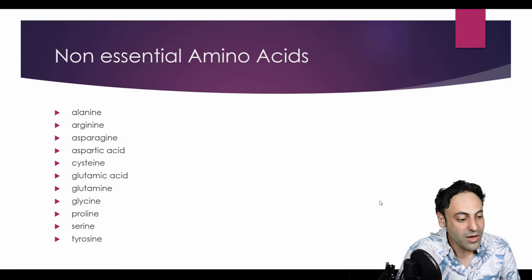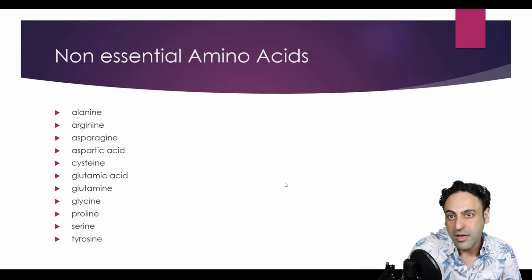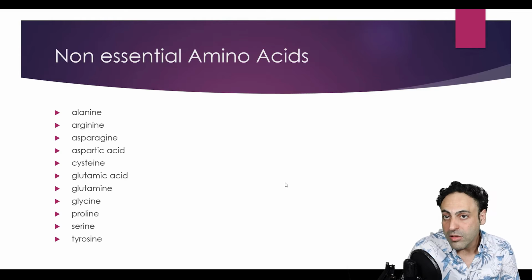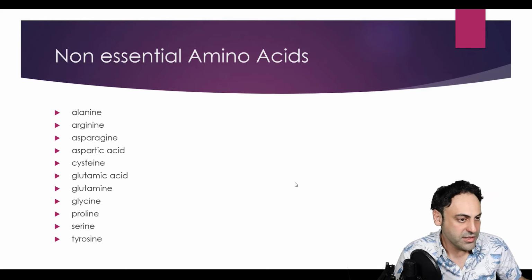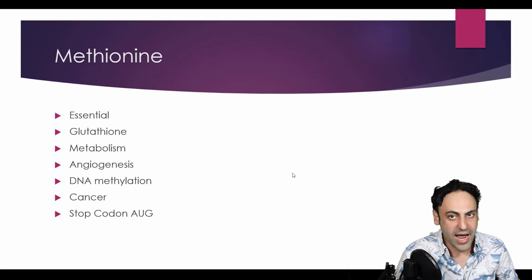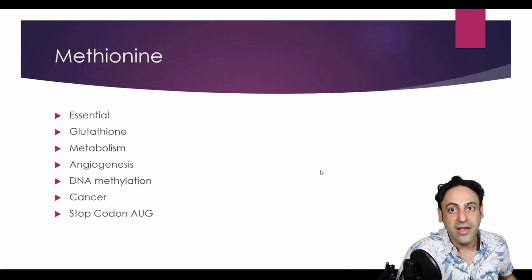Then proline, which we were talking about, serine, and tyrosine. Tyrosine is also very important in making the catecholamines, which we're going to go through in the next presentation.